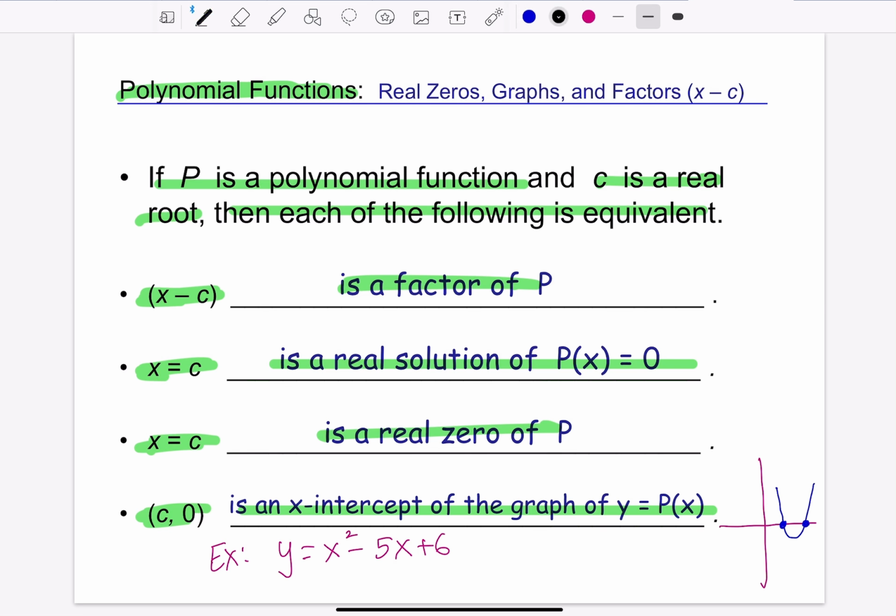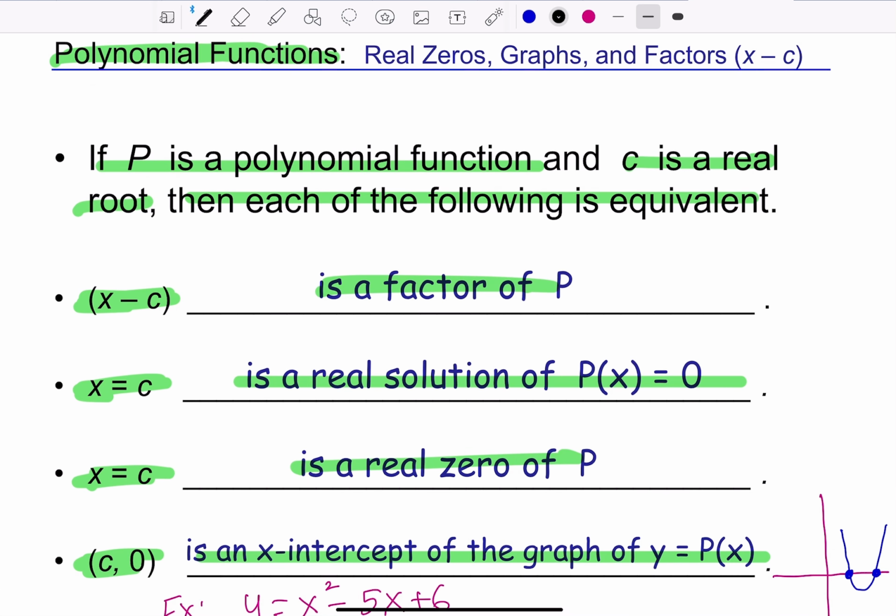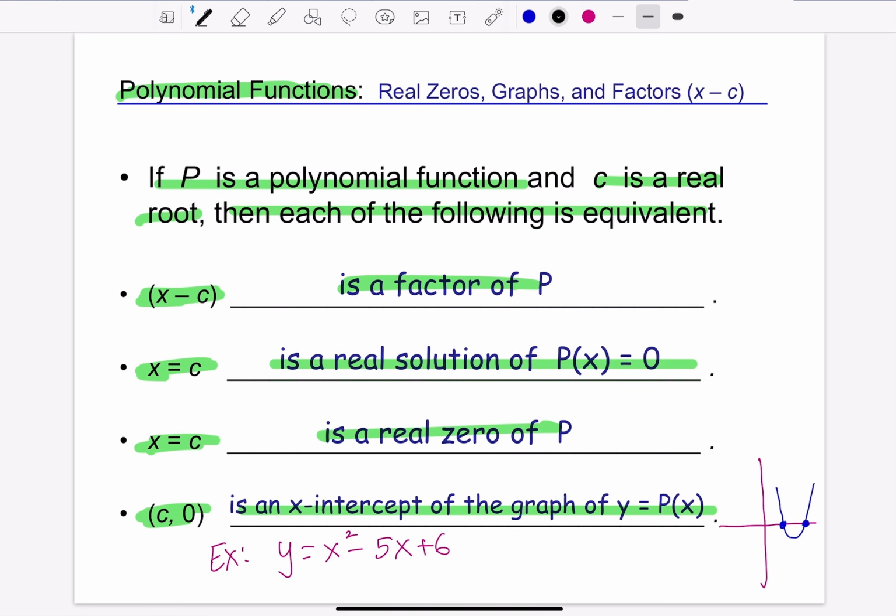So if I have an equation, if I go ahead and factor x minus 3, x minus 2. So x minus 2 is a factor. That means x equals 2 is a 0.